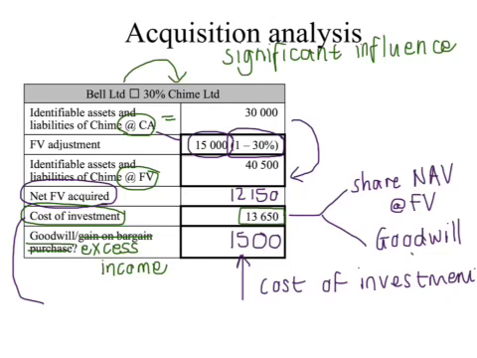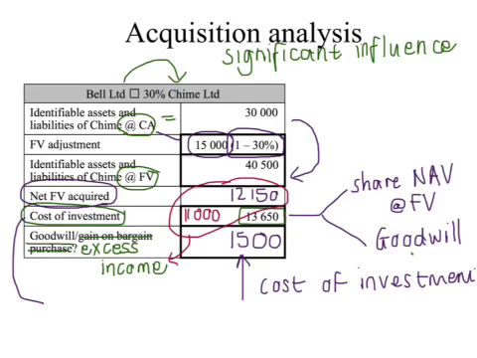If we've paid less for the investment than our share of the net fair value acquired, so for example, if we paid $11,000 for this investment, we'll have excess income, and the accounting standard requires that any excess of our share of the net fair value of the identifiable assets and liabilities acquired over the cost of the investment must be included in calculating our share of the associate's profit or loss in the period in which this investment is made.